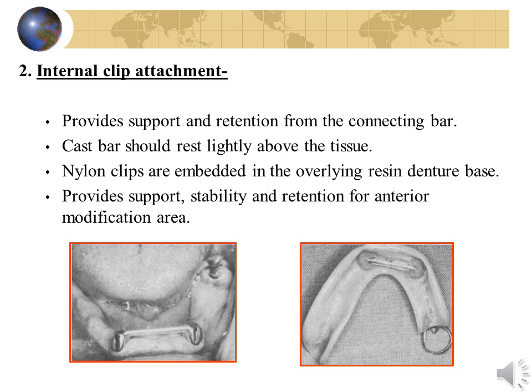They are also available in various metal alloys and durable nylon. The internal clip attachment provides support, stability and retention for the anterior RPD and may serve to eliminate both occlusal rest and retentive clasp on the adjacent abutment teeth.